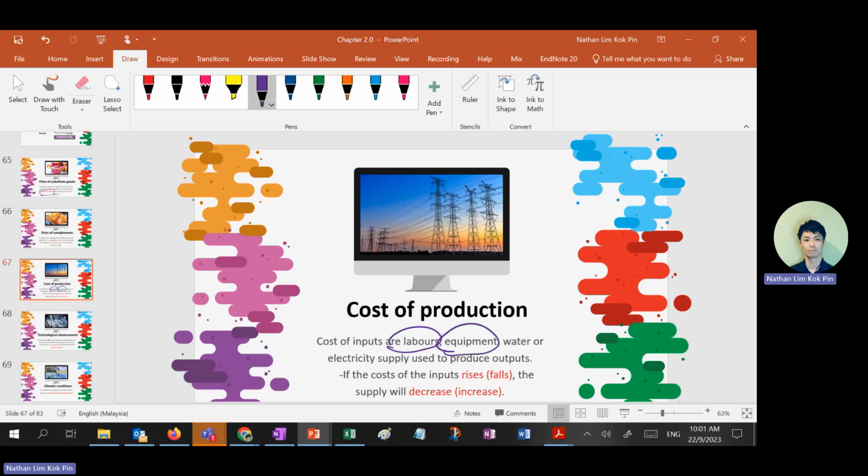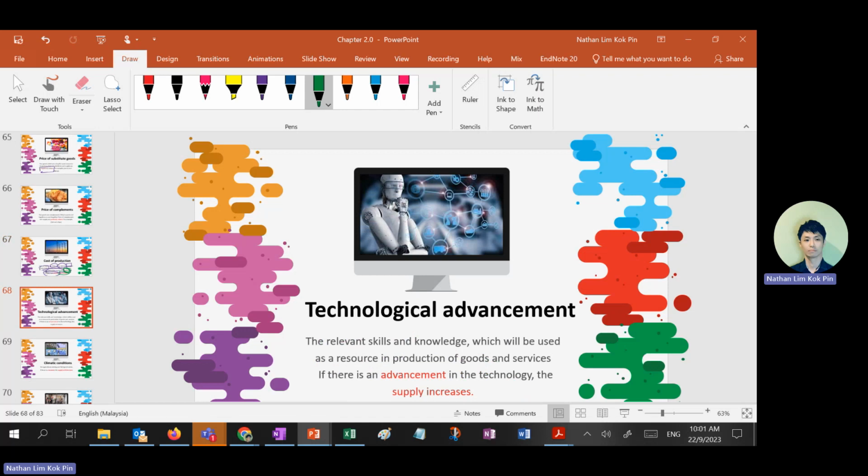Equipment, rent, interest increase, water price, electricity price, oil price, they are all cost of production. So when the cost increases, supply will decrease. Starting from this one, you don't need to draw already. I didn't give you any boxes, so just pay attention. If the cost of production falls, green is good, the supply will increase.